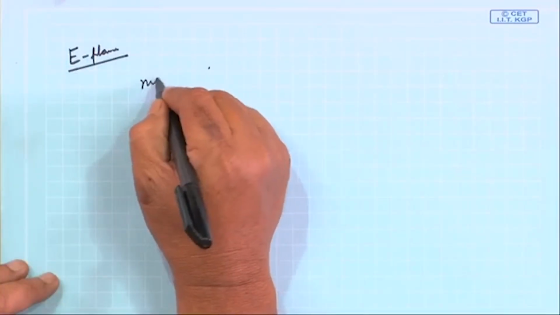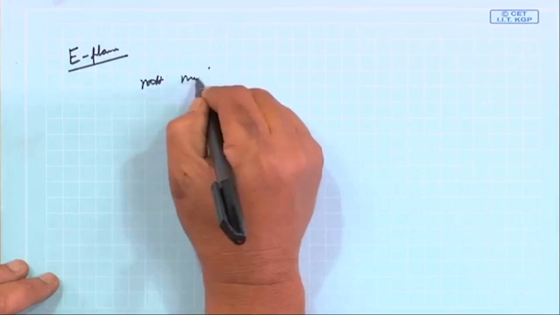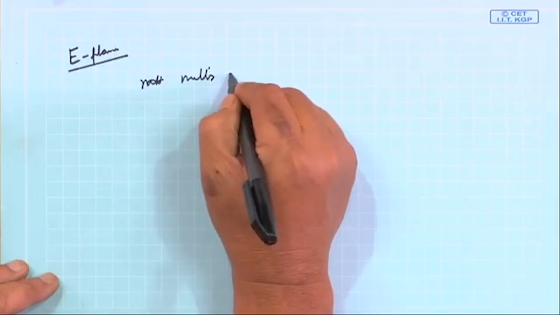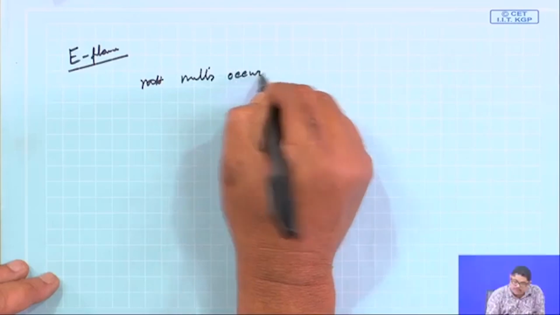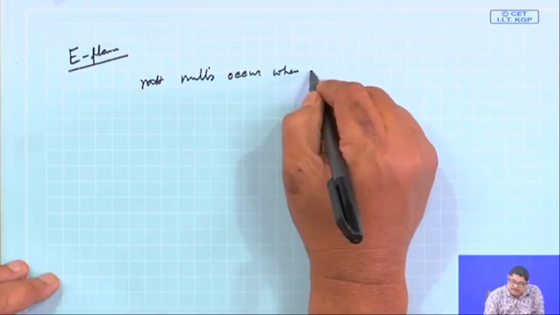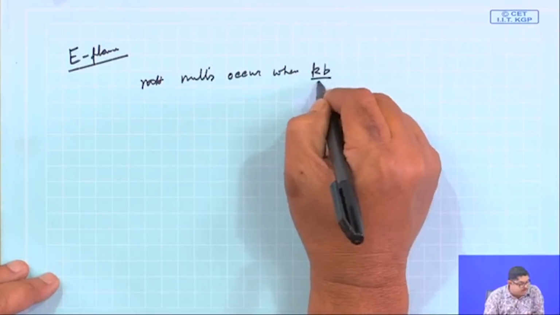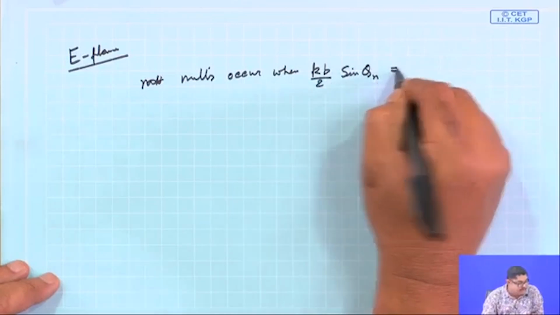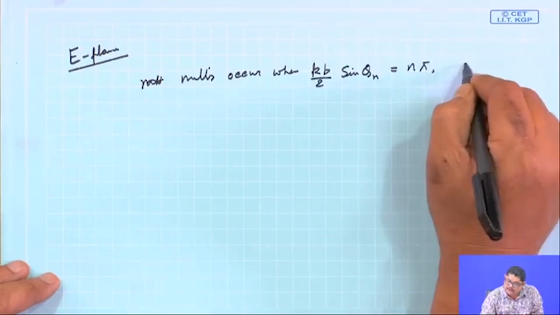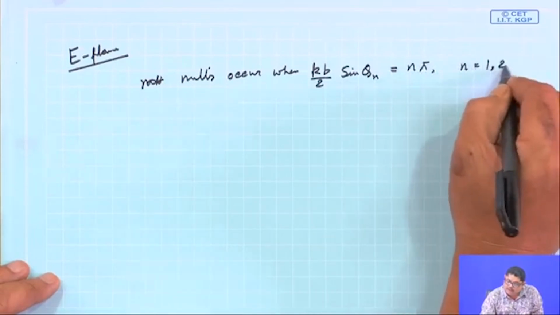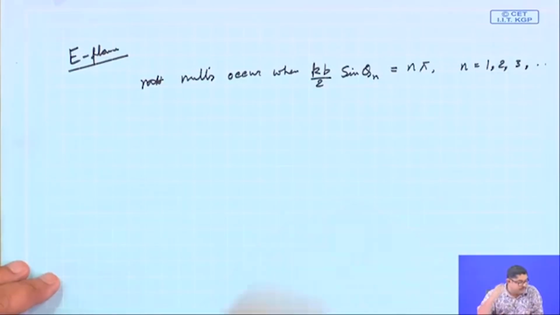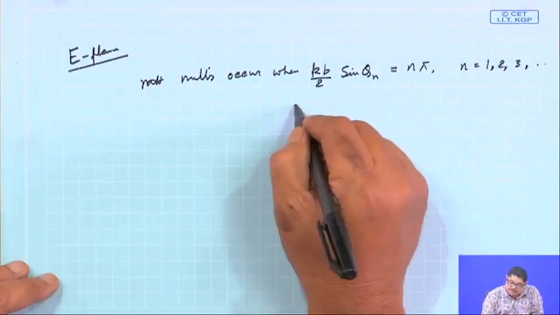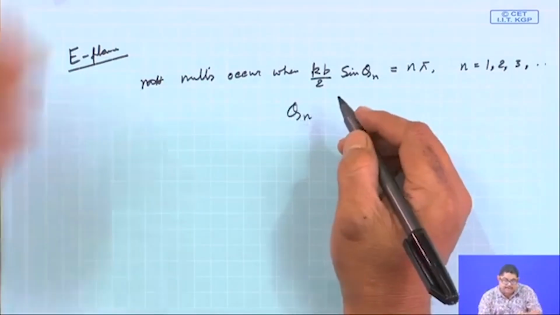Nulls occur when kb by 2 sin theta n is n pi, where n is equal to 1, 2, 3, etc. So, what is the value of theta n?